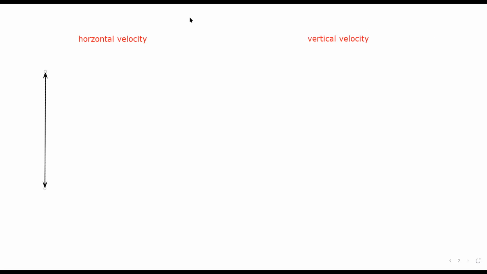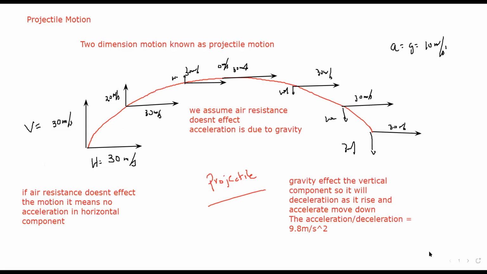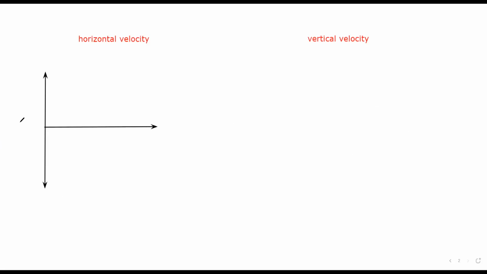Horizontal velocity, as you know, does not change at all because there is no acceleration. So there is no change in the value. If it's a velocity-time graph for horizontal motion, then it will be a horizontal line.